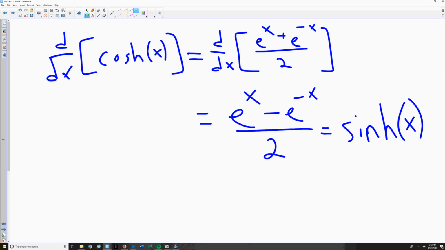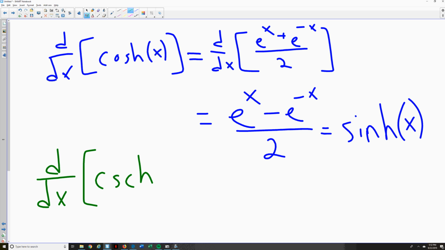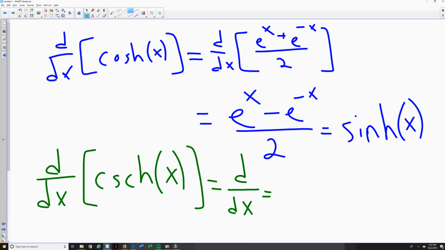Let's look at one other example, and then we will go into some other things. Let's look at the derivative of cosecant. Remember that cosecant is 1 over the sine, so this is 2 over e to the x minus e to the negative x.